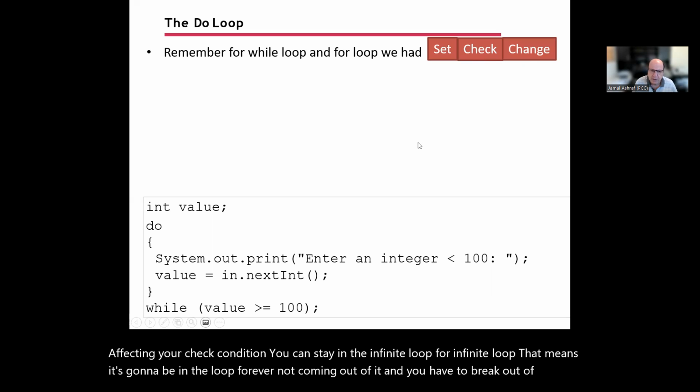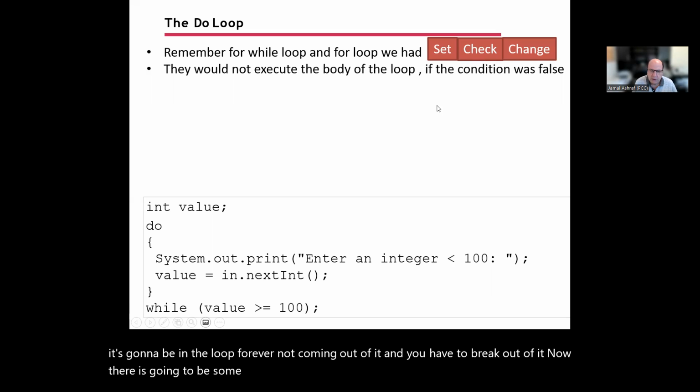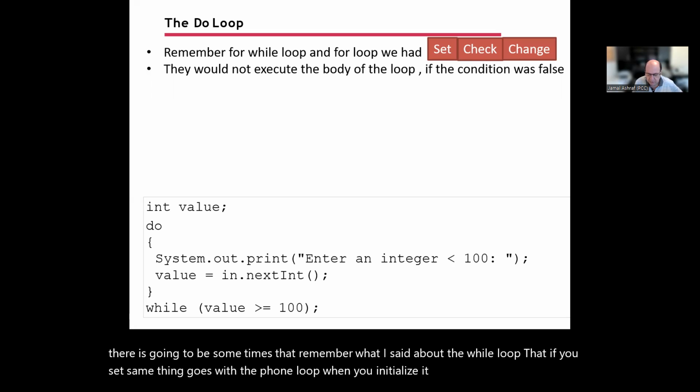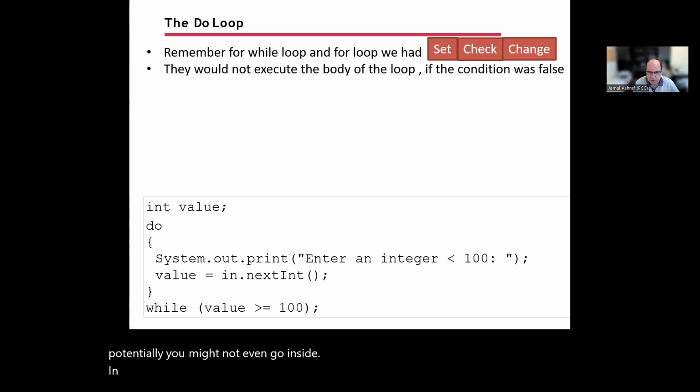Now, remember what I said about the while loop, and the same thing goes with the for loop: when you initialize it, when you're setting things up, potentially you might not even go inside the loop. In some circumstances, we want to execute the loop and then check it.